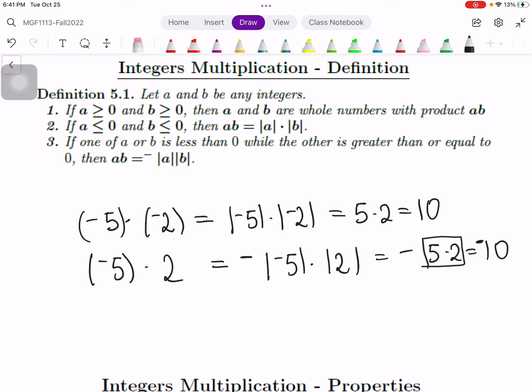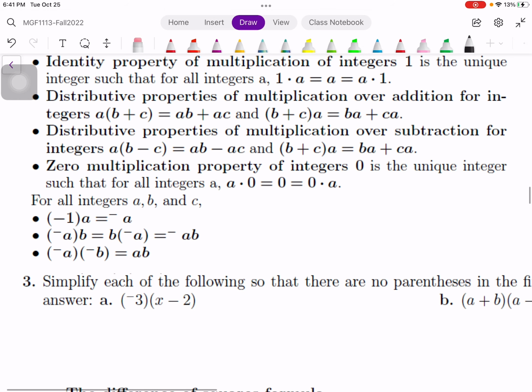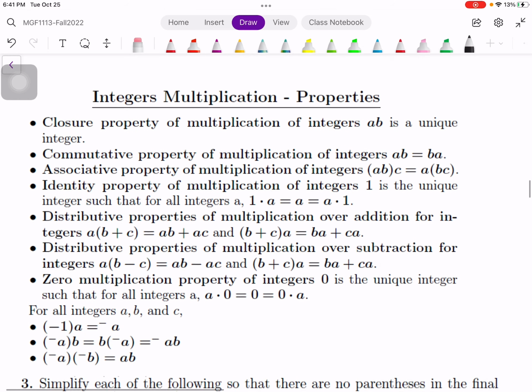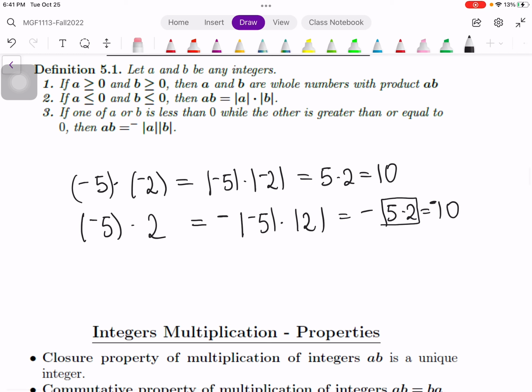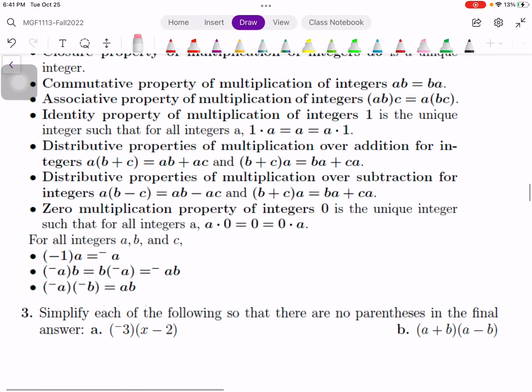So negative at the end. Okay, and we know those rules, just something that we would have to lay out to kids we're teaching how it works. Not necessarily with absolute values, but with the concept that when you multiply, you can say, okay, I ignore the signs, I just do 5 times 2, but then I know that at the end, the solution will be negative because one of the numbers is negative and the other is positive.